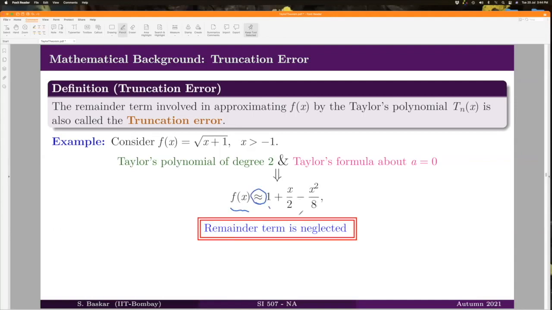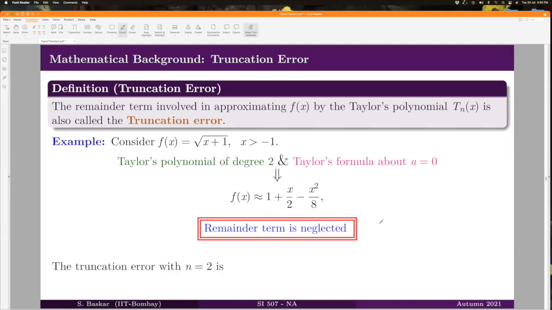So this is the Taylor polynomial of degree 2 for the function f of x equal to root x plus 1. Here we have neglected the remainder term, and therefore we have truncation error involved in this representation.